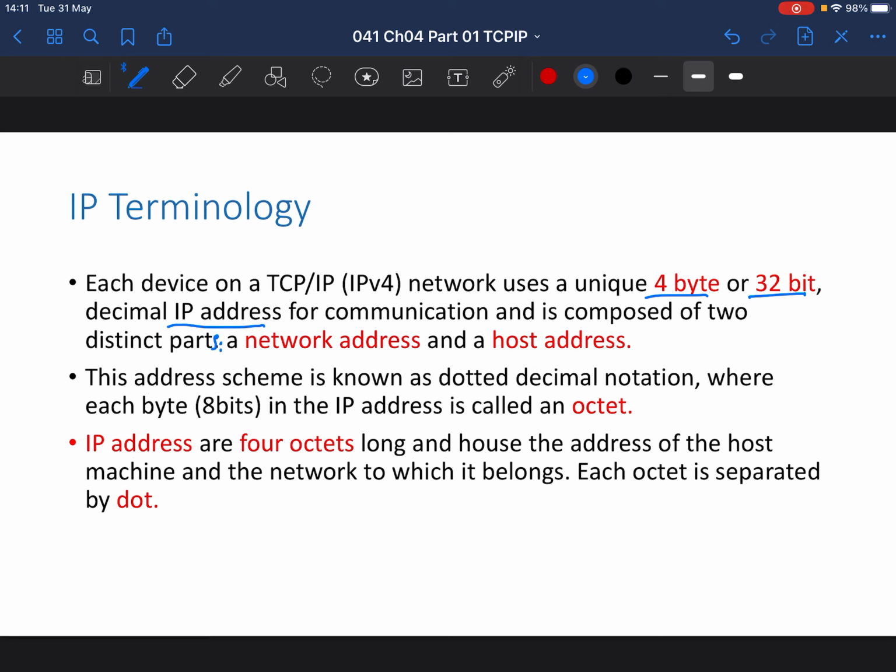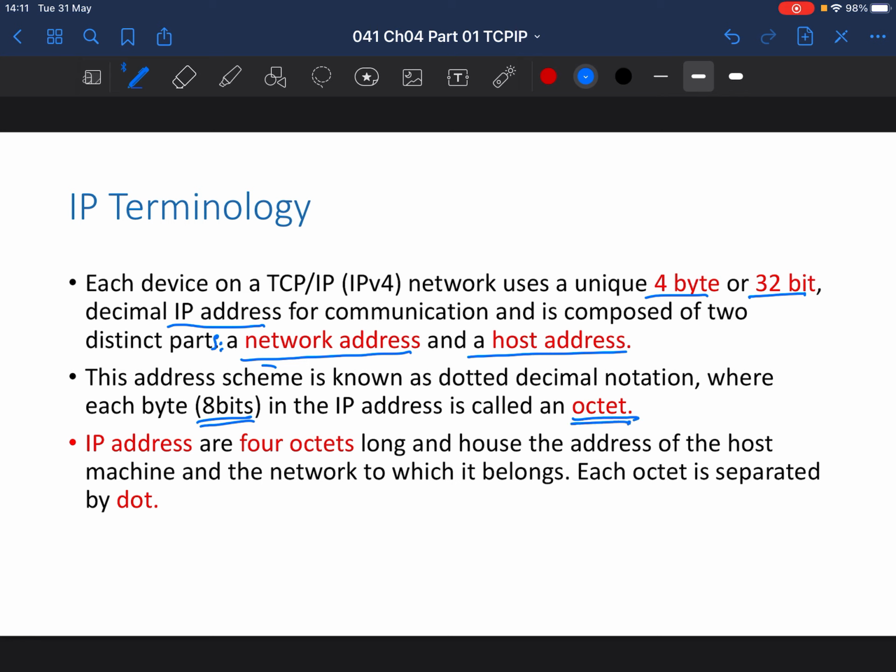The first part is the network address and the second is the host address. This address scheme is known as dotted decimal notation, where each byte, 8 bits, in the IP address is called an octet.